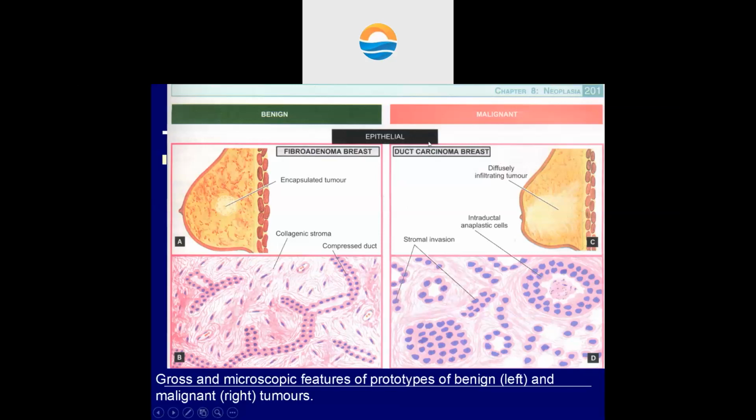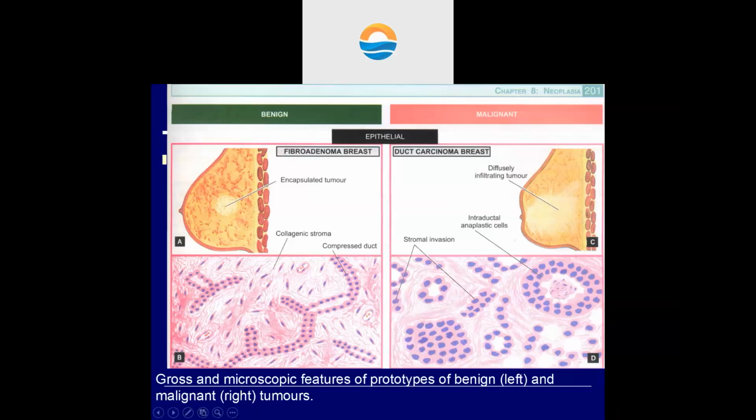So please look at this picture. On the left part of the picture, you see an example of a benign epithelial tumor of the breast. On the right, we see the malignant tumor. Here, you see an encapsulated tumor on the left, and we can think that probably it is benign. On the right, we see a diffusely infiltrating tumor, which is usual for carcinoma.